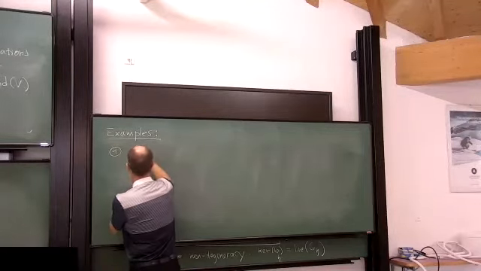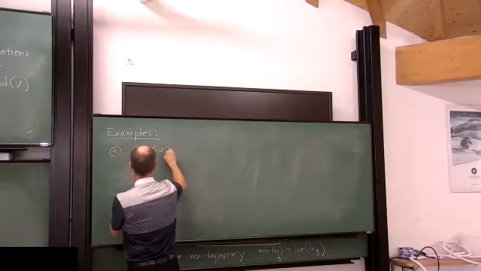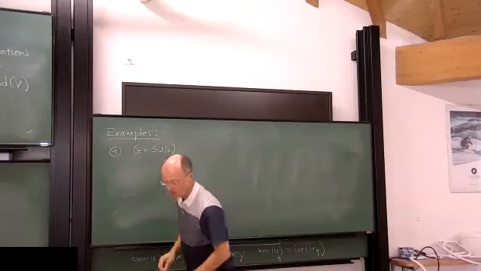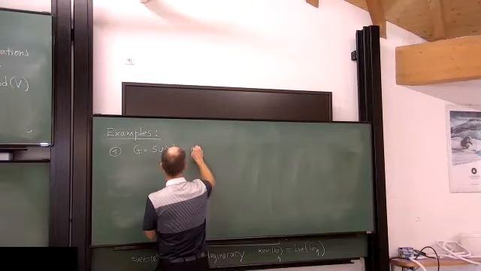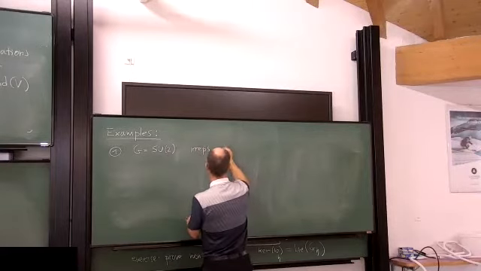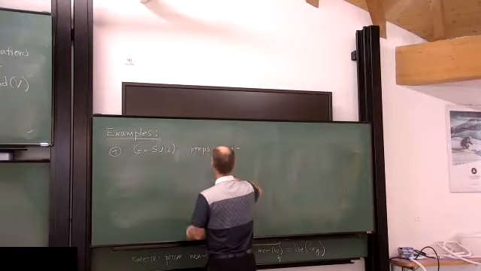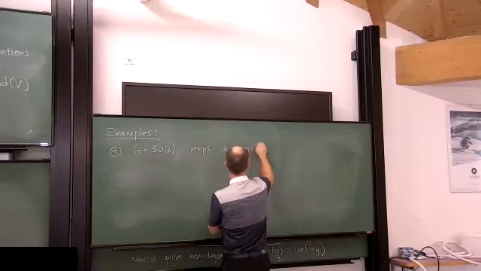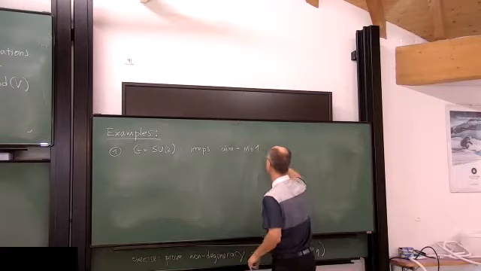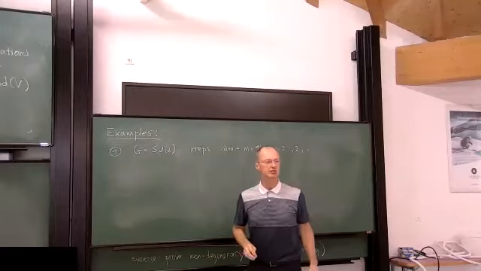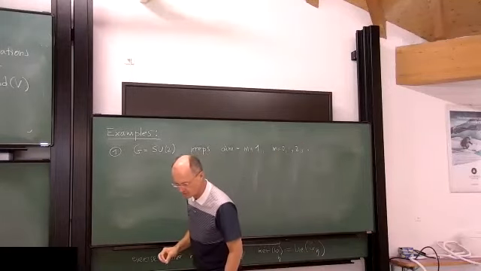So the first example, as before, I take G equal to SU2, and for G equal to SU2, we famously have irreps of dimensions. Let me denote the dimension by m plus 1. So my parameters will be m, and m may be 0, 1, 2, and so on. G has irreps in all dimensions.